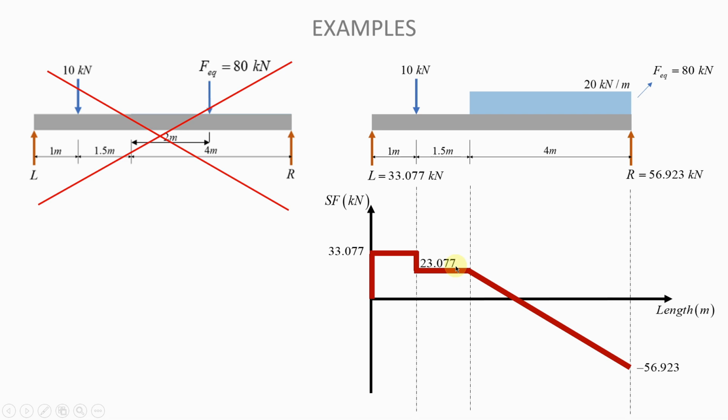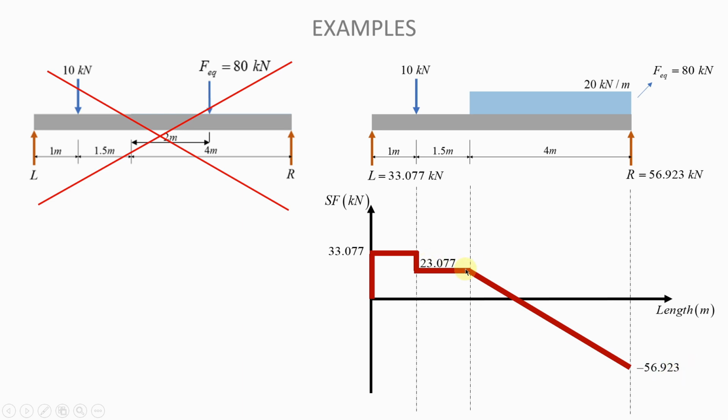When you draw the line from where the UDL begins, it begins at 23.077. You must go down by 80 because that is the force equivalent to the UDL. So you must go down by 80 by the time you reach the end of the UDL. So you will do 23.077 minus 80. That gives you minus 56.923.